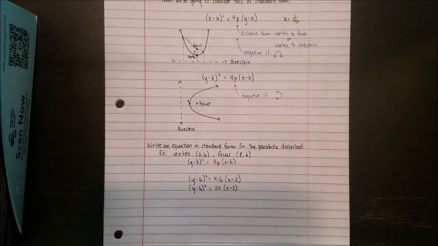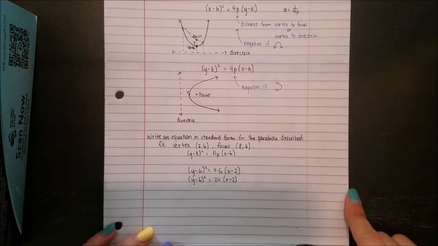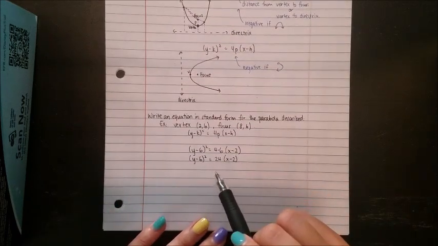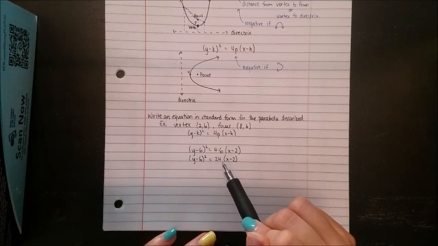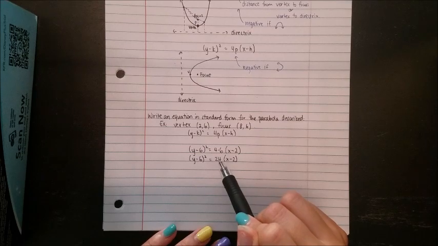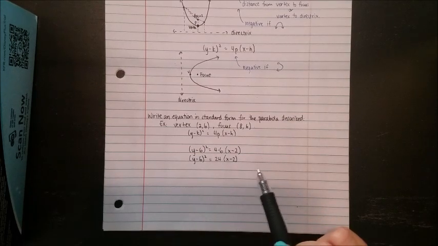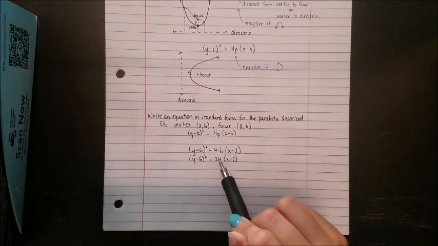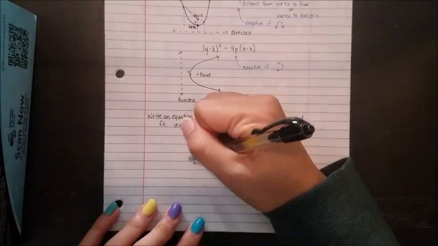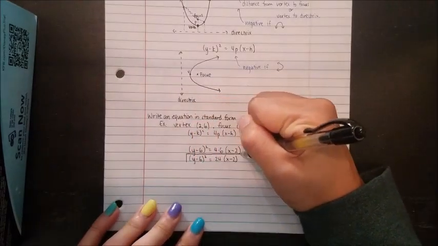That's something you can't determine just by looking at the equation. We knew our graph was facing to the right, and the p we counted out was 6, so since it was facing to the right, this is a positive number. But in case you ever see one that's facing to the left, you have to make sure you put in a negative for p. That's something to remember. But that's our standard form right there.